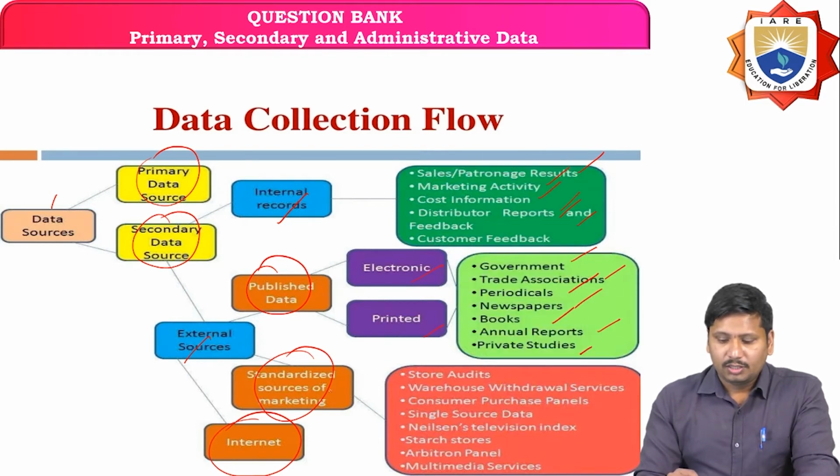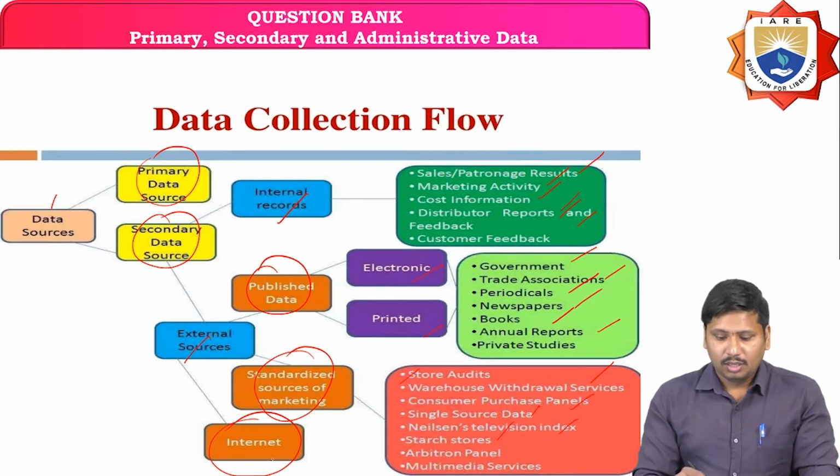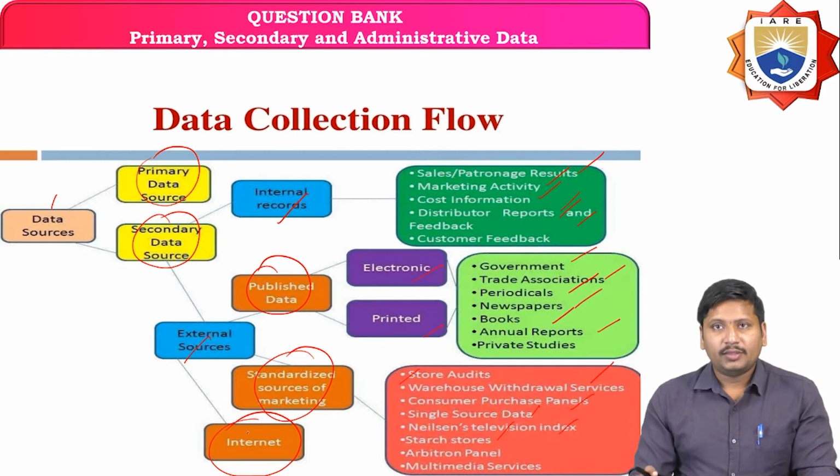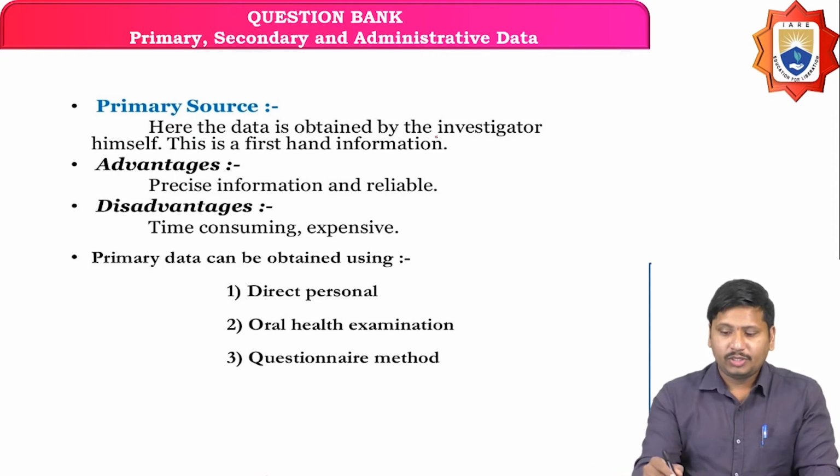Standardized sources of marketing include store audits, warehouse withdrawal services, consumer purchase panels, single source data, and Nielsen's television index, like this, and the internet. This way you can collect the data from different sources.